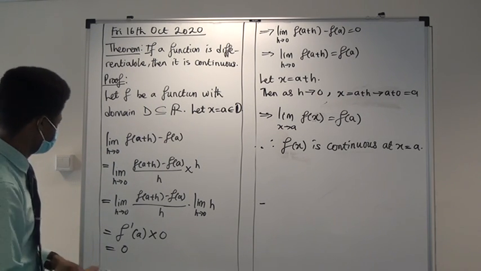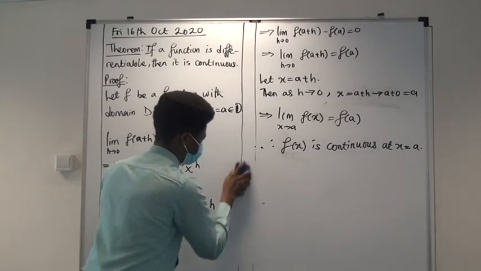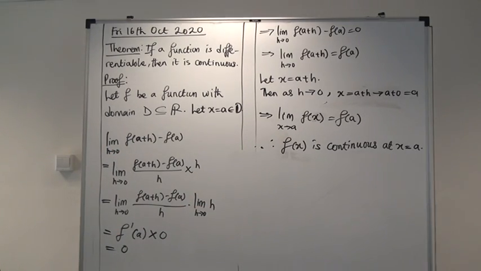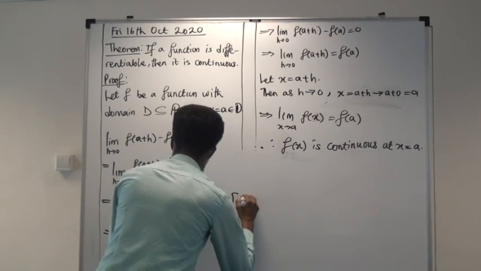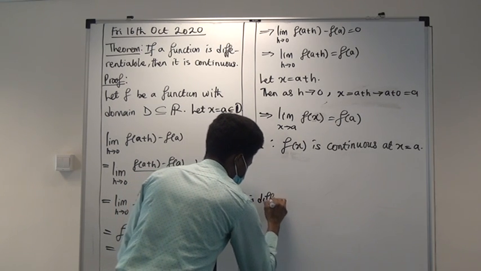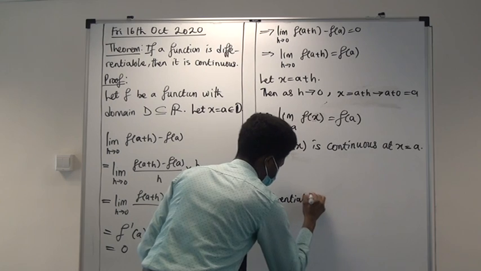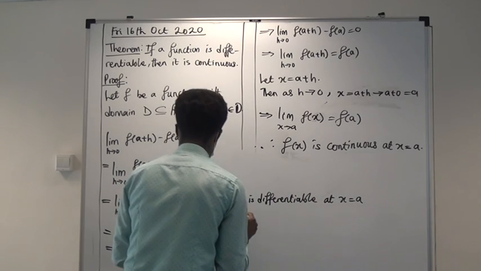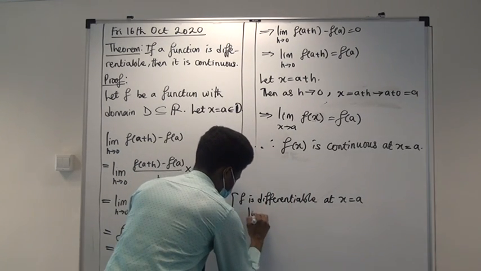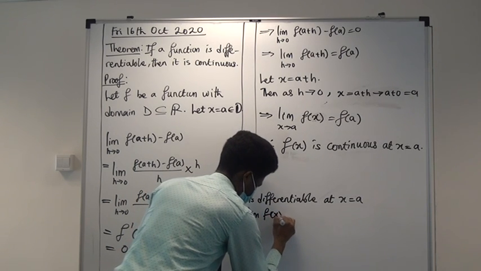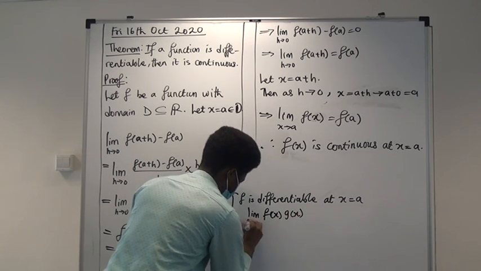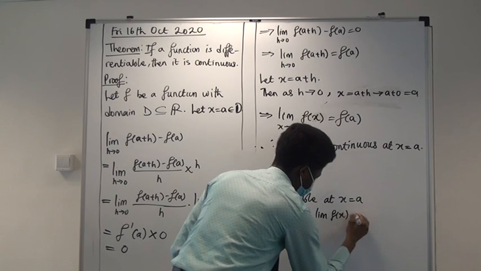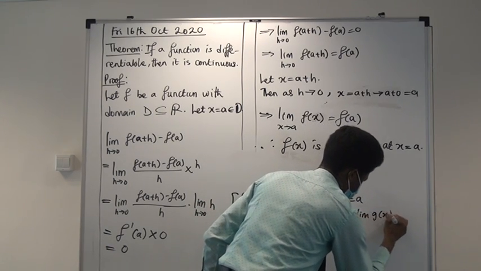Am I making sense? So let's put the conditions, the reasons, you can write quickly. The reason for this here: f is differentiable at x equals a. And for the second reason, the limit of f of x times g of x as x tends to a will be the limit of f of x and the limit of g of x.